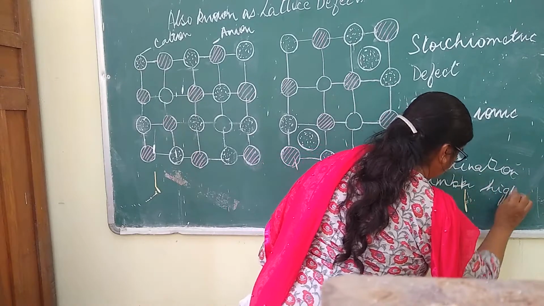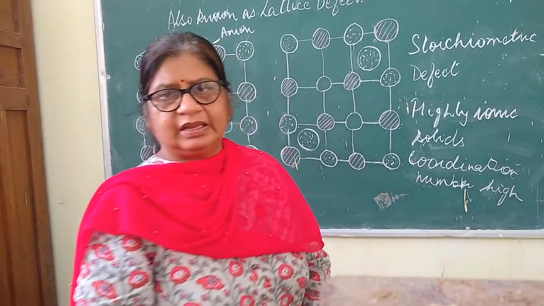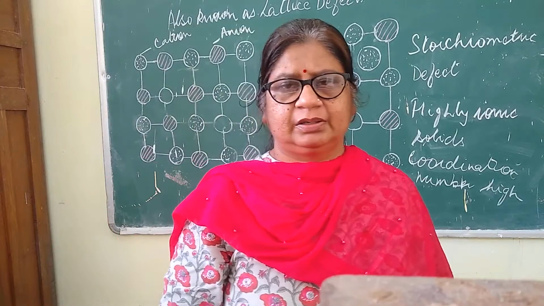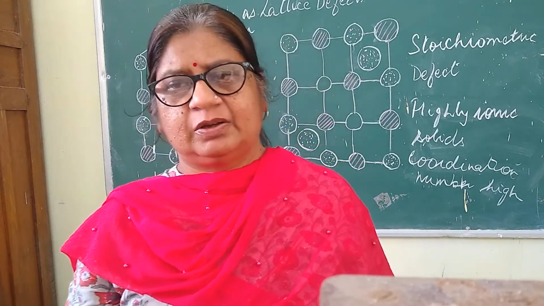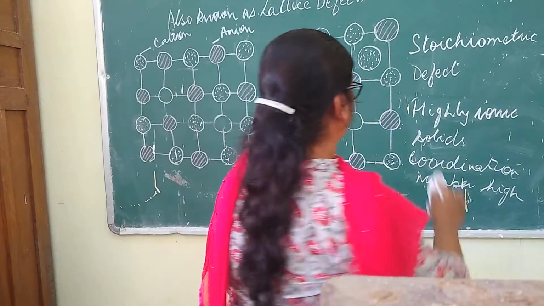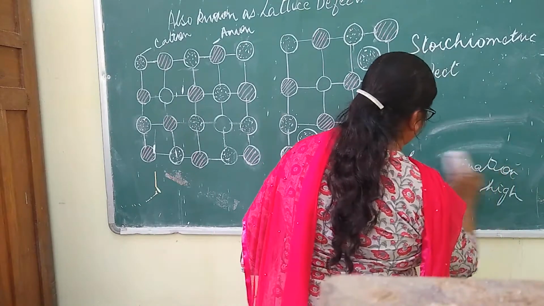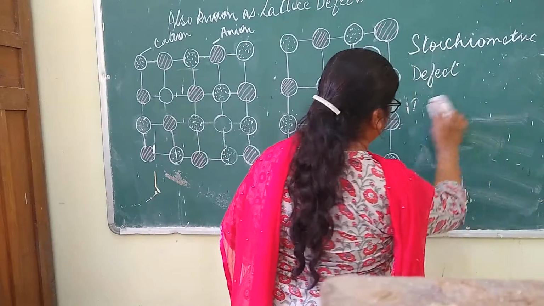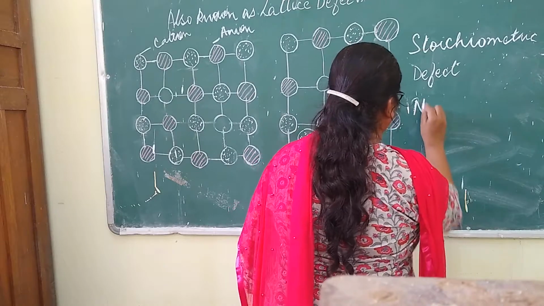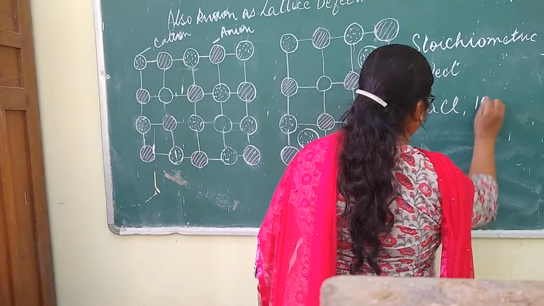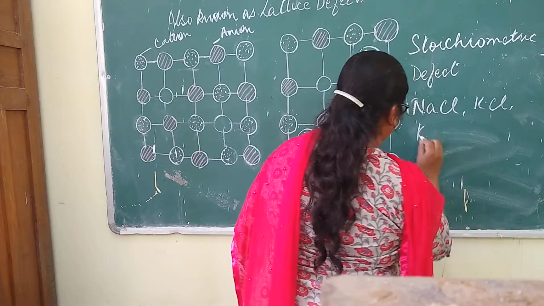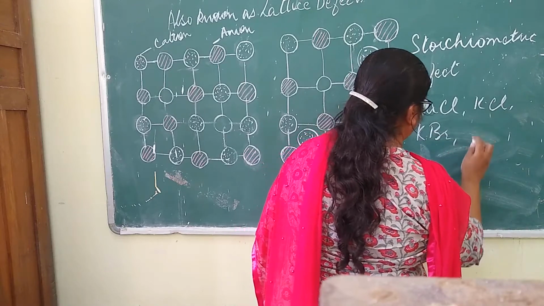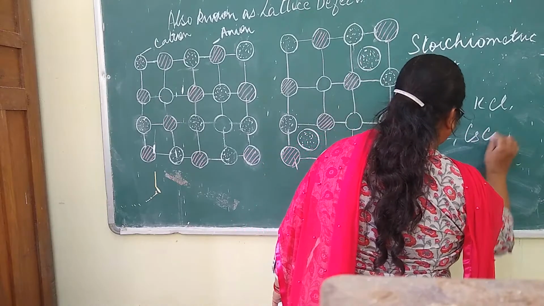This defect is observed in compounds like sodium chloride, potassium chloride, potassium bromide, and cesium chloride.